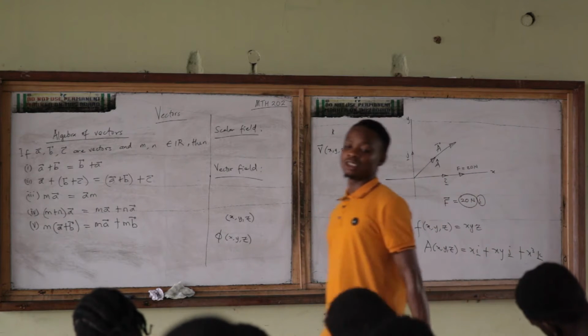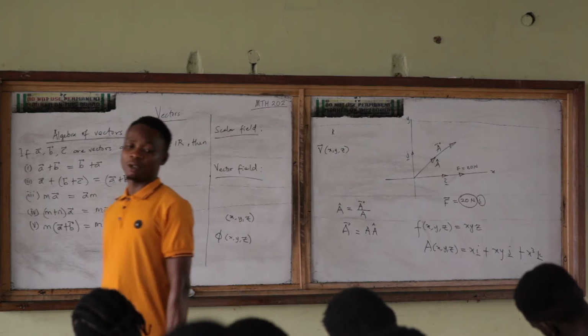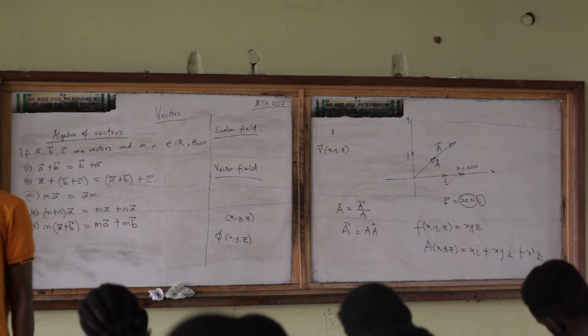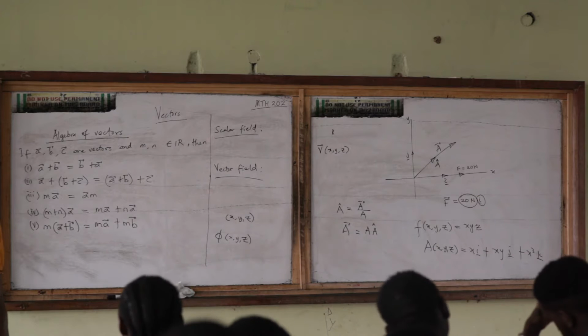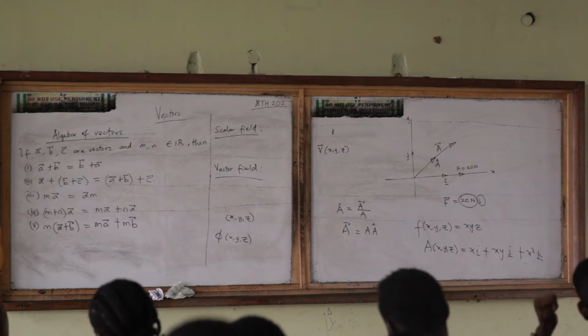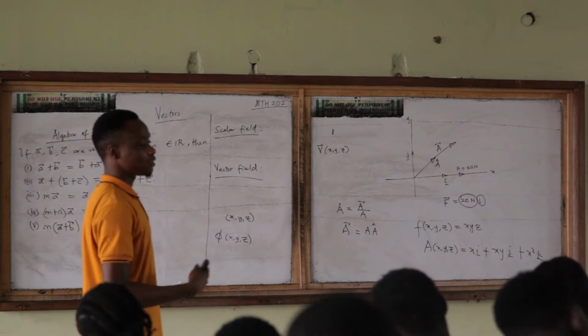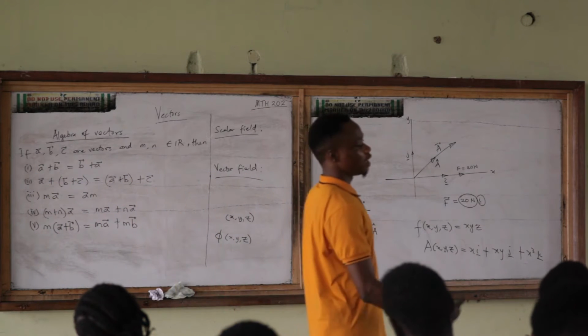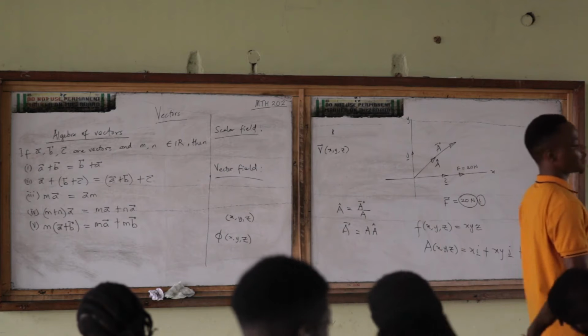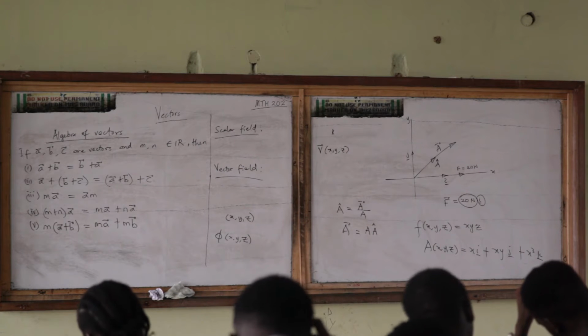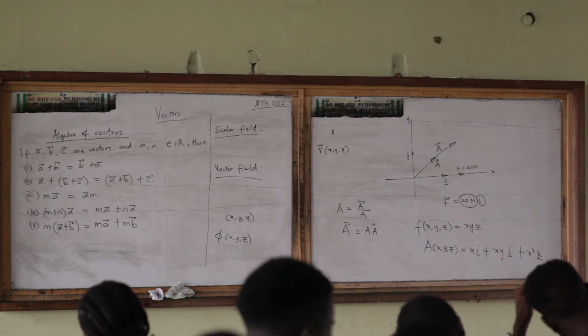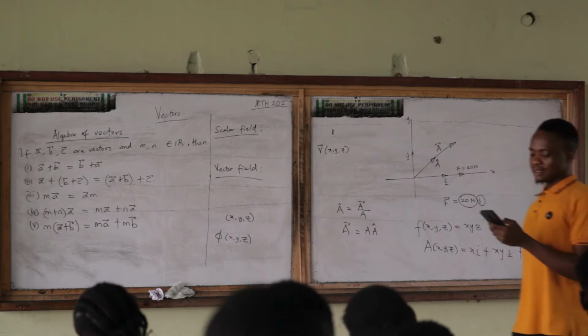So if I want to study the velocity at different points in a moving fluid, okay, and I know how the velocity varies with position, then with that I can define a velocity field. Does that make sense to you at all? That means I will define a velocity function that will be in terms of x, y, z, or whatever the coordinates of position are. Do you understand what I'm saying? Okay. That is an example.